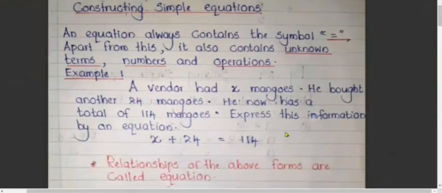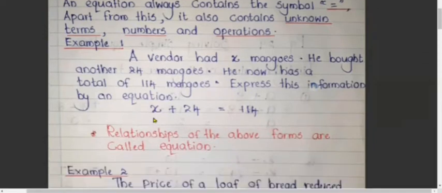Example 1. A vendor had X mangoes. He bought another 24 mangoes. He now has a total of 114 mangoes. Express this information by an equation. Children, he had X mangoes.